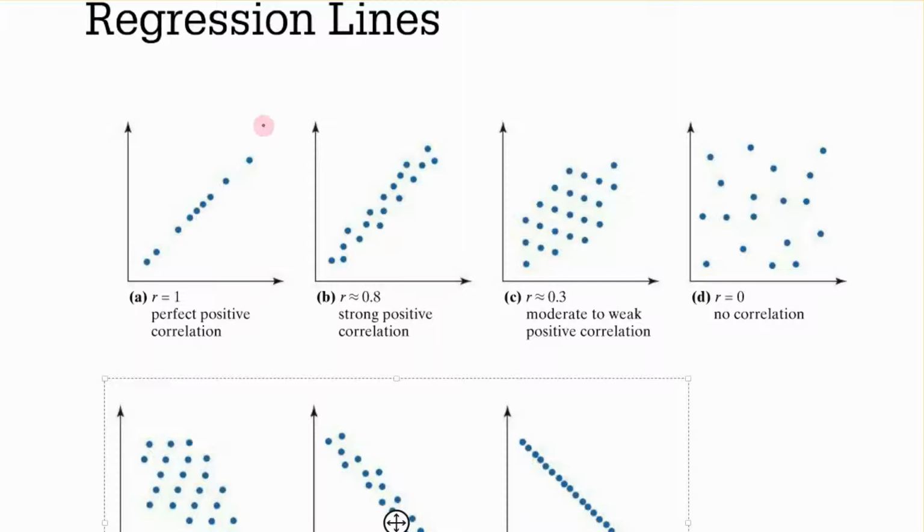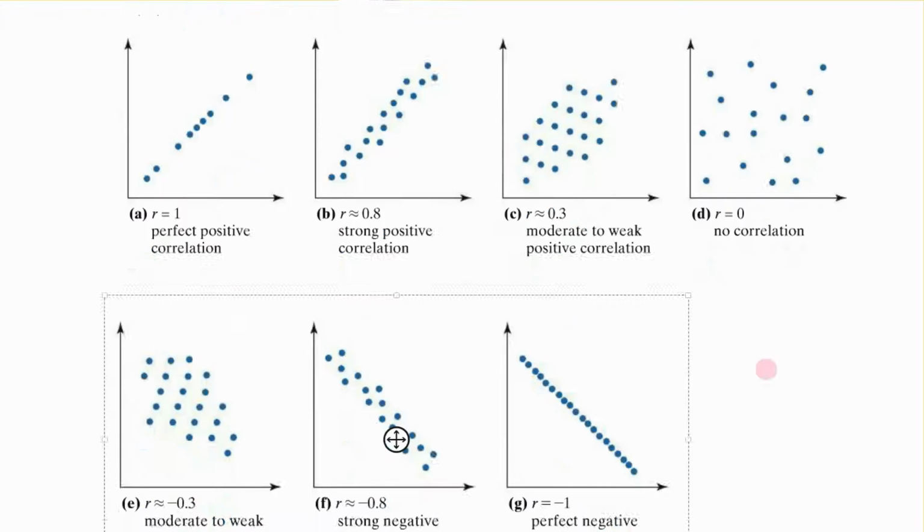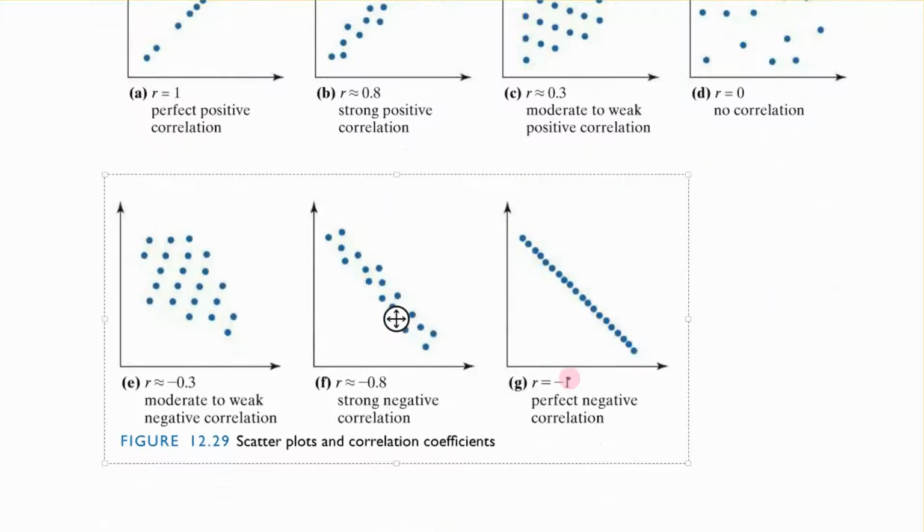This was a perfect. The R value was 1. 1 is a perfect positive correlation. If R is negative 1, you have a perfect negative correlation. And negative does not mean bad. It just means as one of them is increasing, the other one is decreasing.